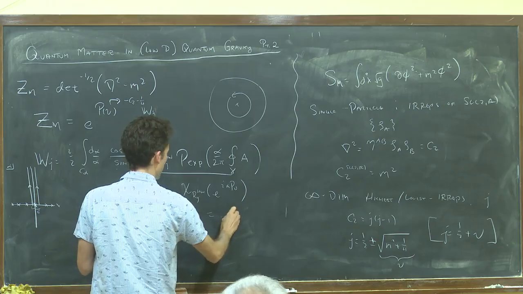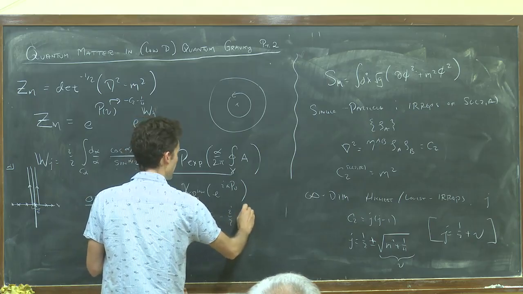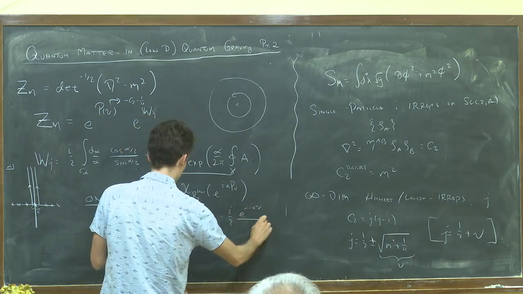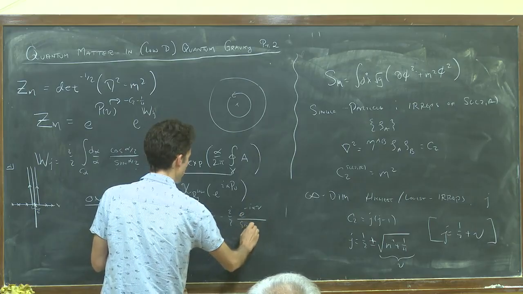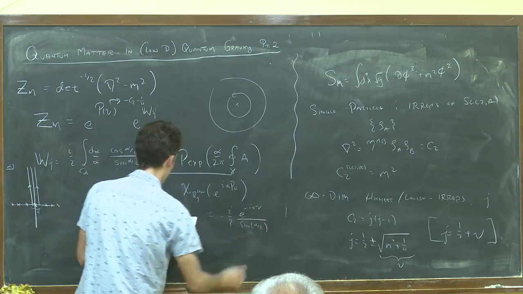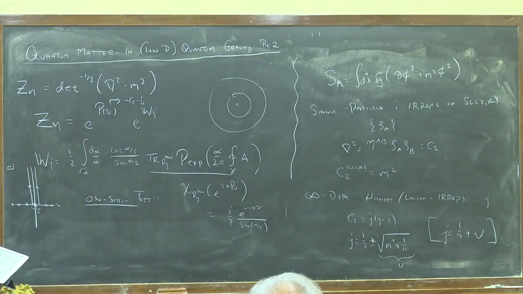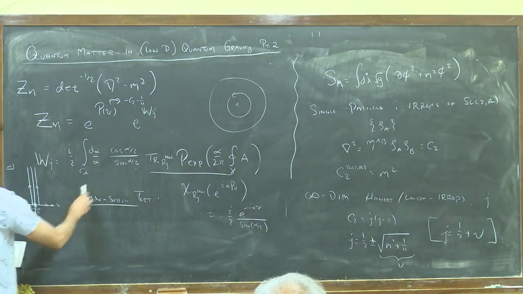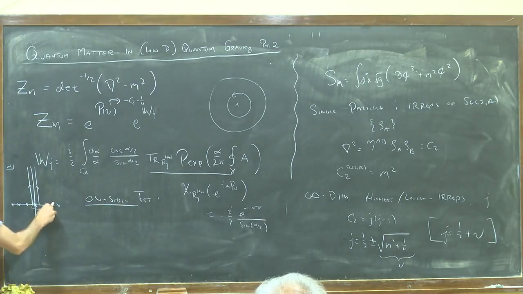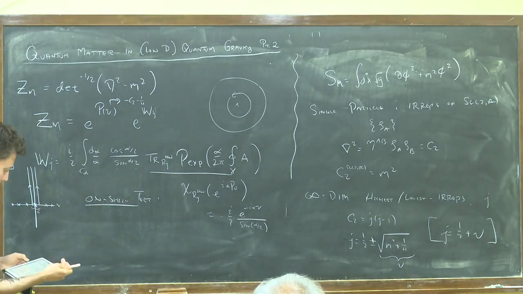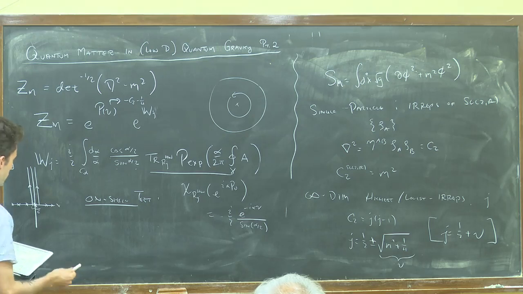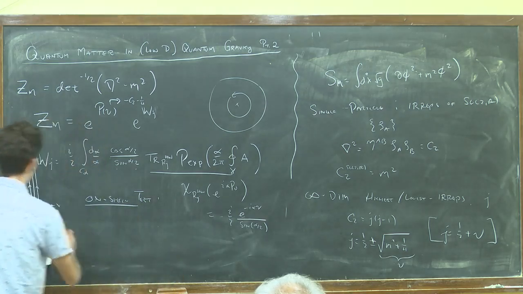And I can compute what this is. Now I see that this has its own poles, but these poles match up with the poles here. So they just double the poles that arise there. Now I just have to do this integral.